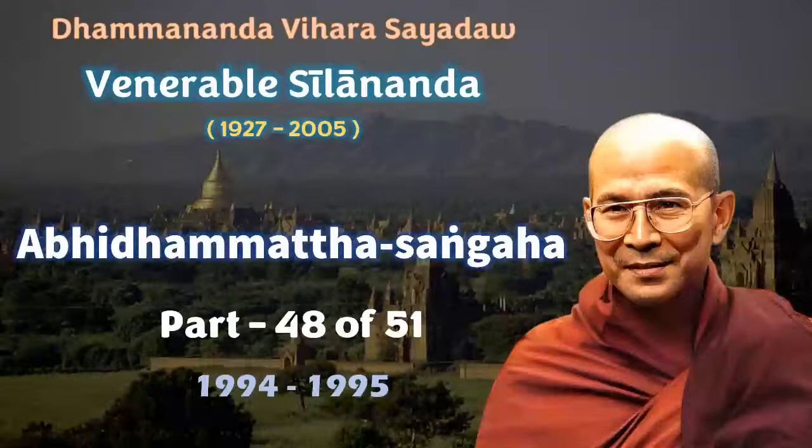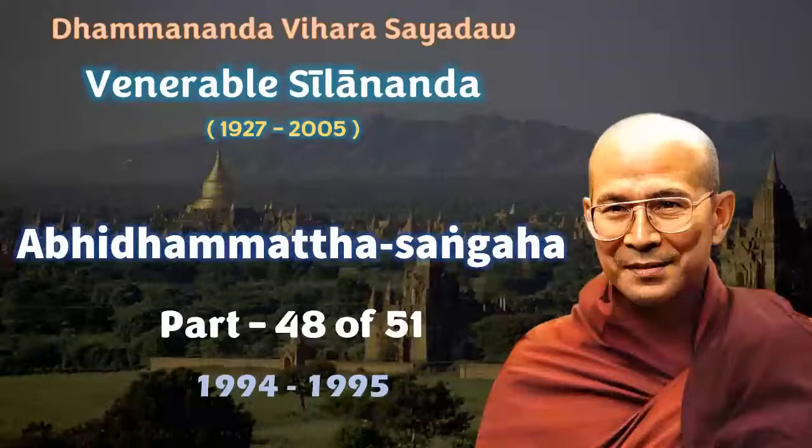So, cetana in 8 kamavacara kusala cittas. They are a condition for mahavipaka 8, and kusala vipaka upekkha santirana 1. So altogether 9.